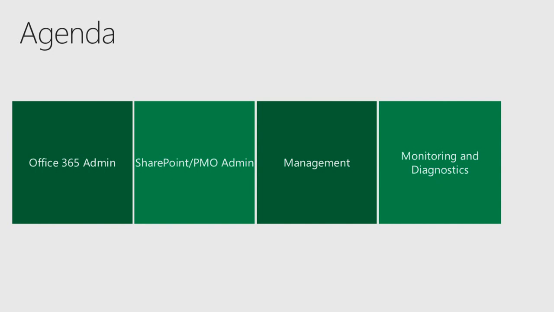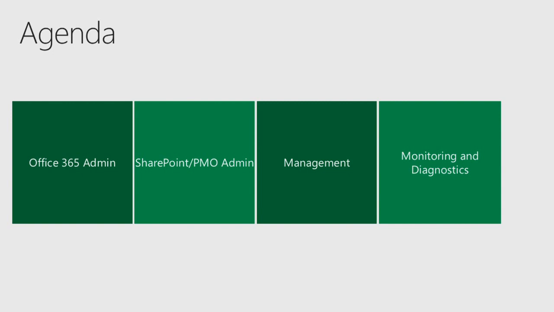So I'm going to talk about what the Office 365 role means. That's kind of a new role that we added in 365. I'm going to talk about SharePoint PMO type of administration, and how we made it easier in 2013 to manage Project Server, and I'll talk about why things were hard and how things got better.